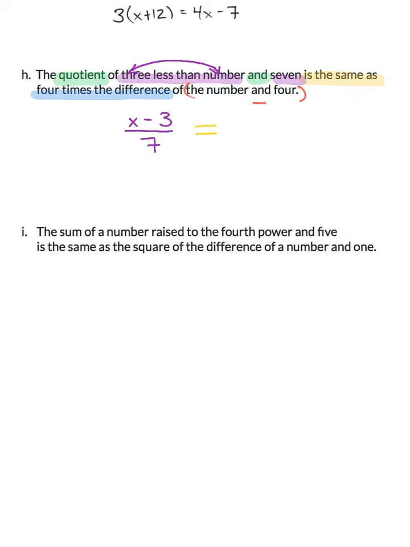So we are going to get 4 times x minus 1. And we're done.